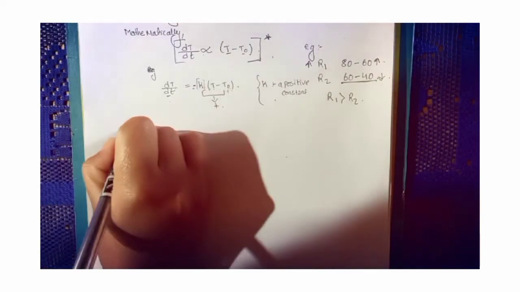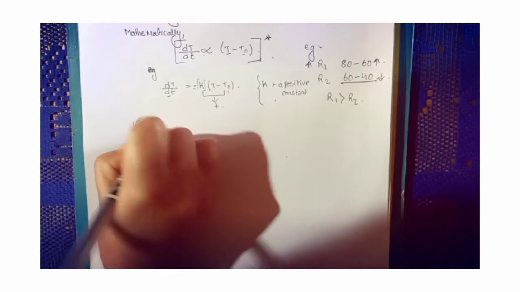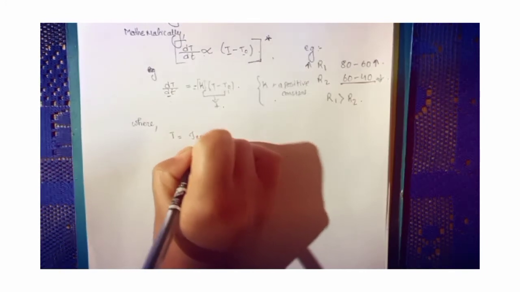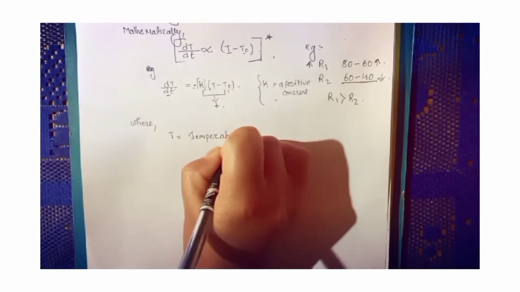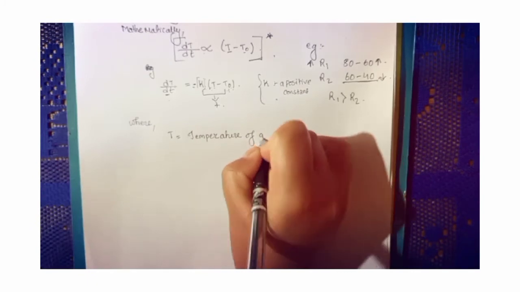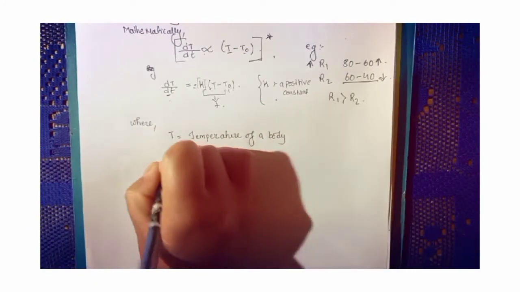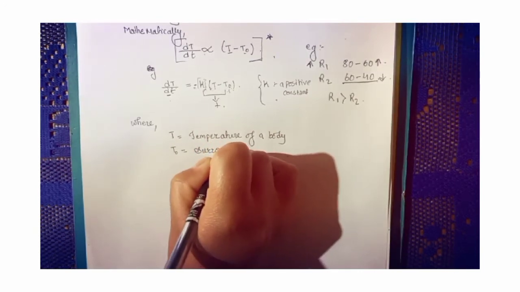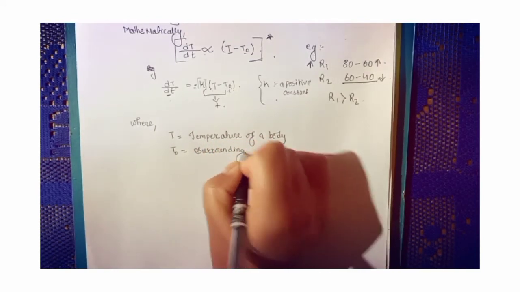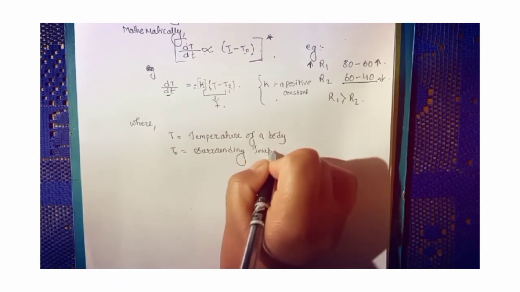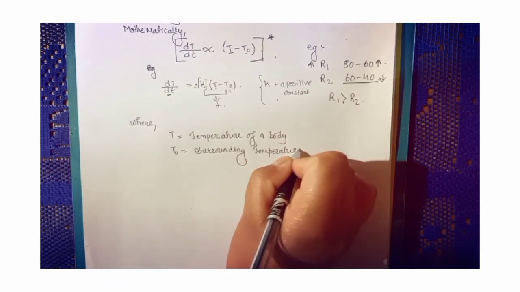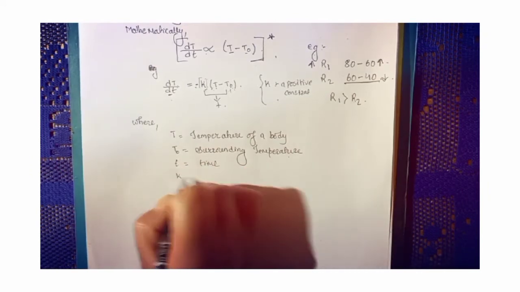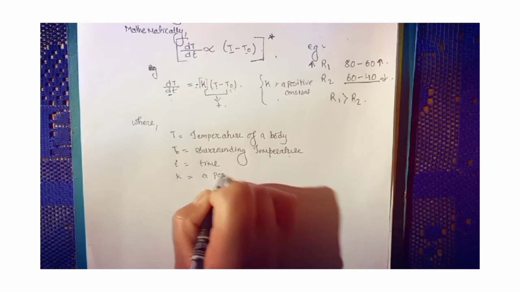Where T is the temperature of the body, T naught is the surrounding temperature, small t is time, and k is a positive constant.